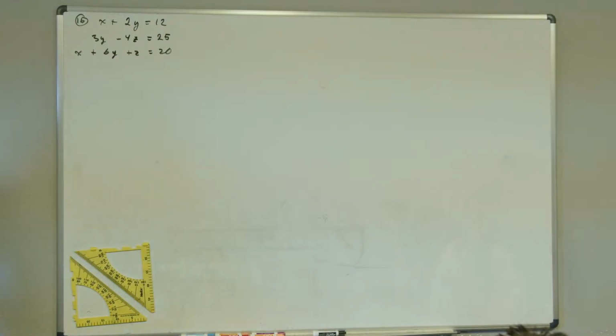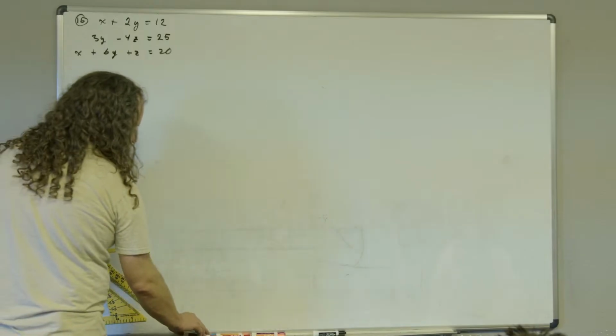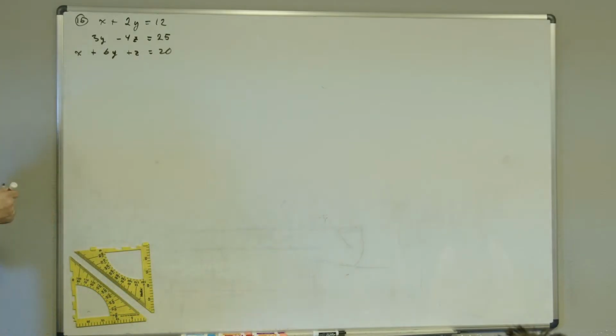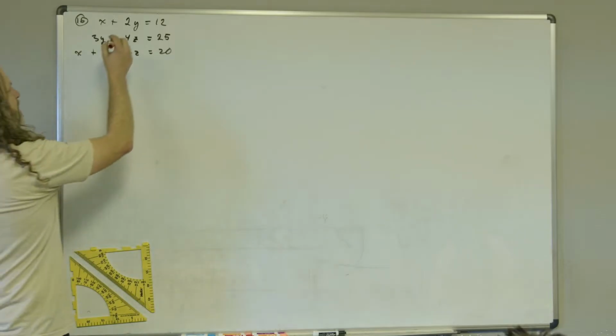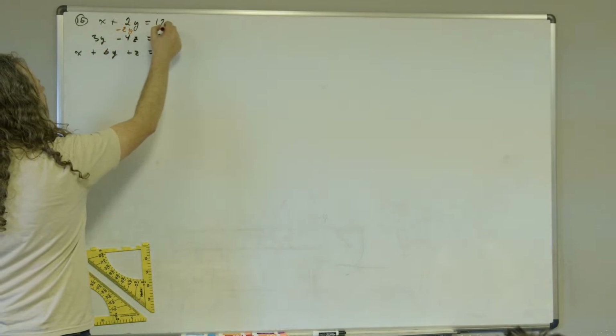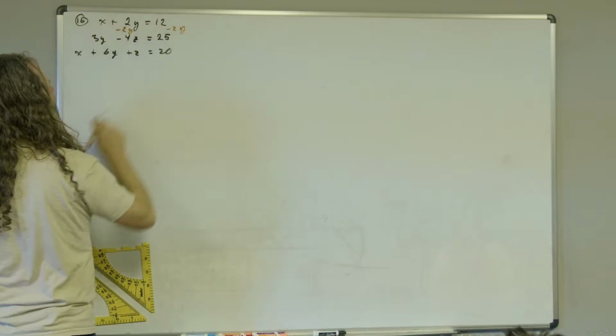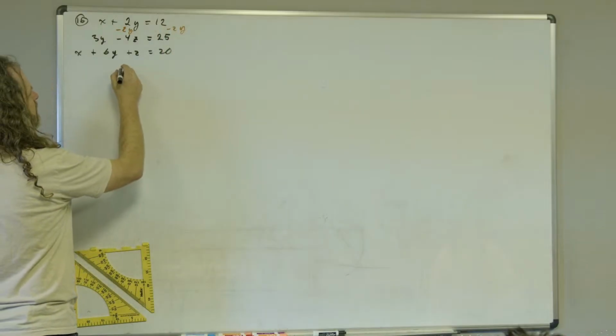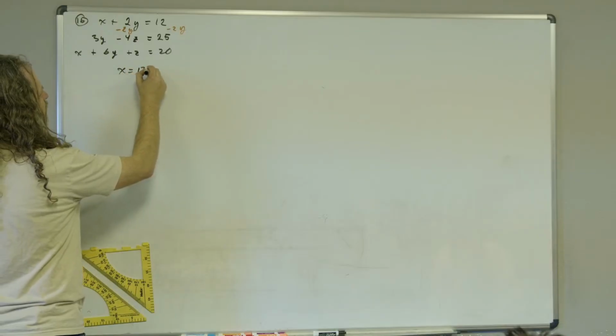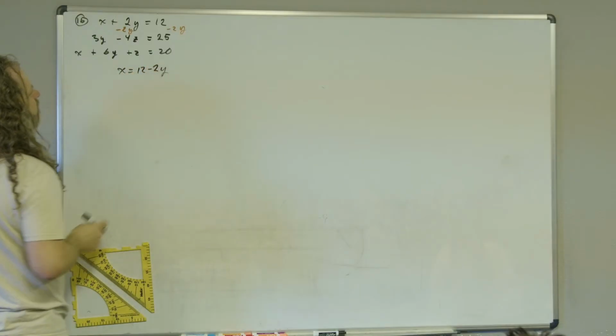How could I do that? By getting everything on the other side? By subtraction. So what if I subtract 2y from both sides? Now I've got the equation x equals 12 minus 2y.